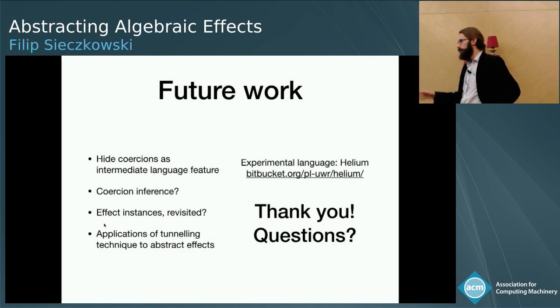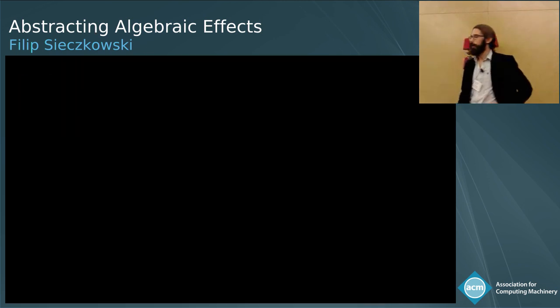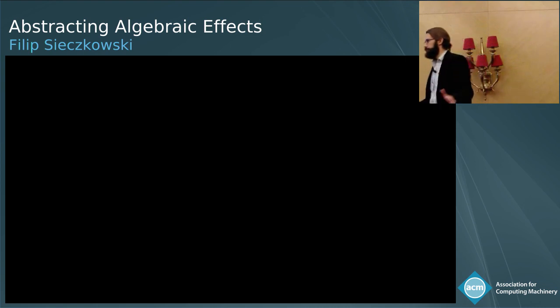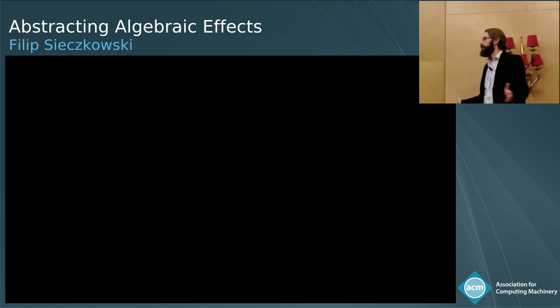And in the current implementation of Helium, which doesn't treat coercion inference particularly sensibly, it tries, but we haven't studied it deeply. What you do then is you add enough effect annotations. So most of the time you don't write anything, and some of the time you write some type annotations. It's not particularly satisfactory, but that's what we have for the moment.